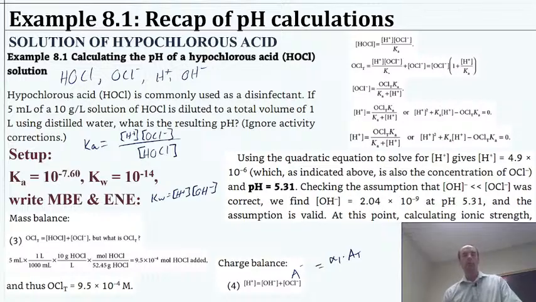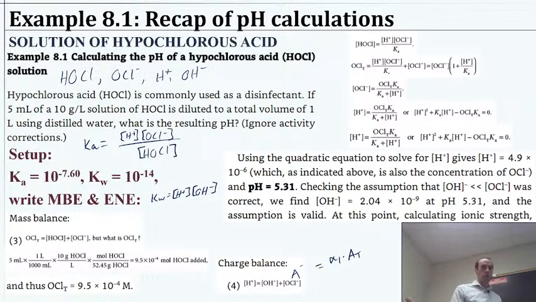Okay, so let me just read what this says. So using the quadratic equation, so solving it with Excel or whatever, in this case they put it into a quadratic and solved it that way. The concentration of OCl minus is 4.9 times 10 to the minus 6, and the pH is 5.31, if you convert it to a pH, right?